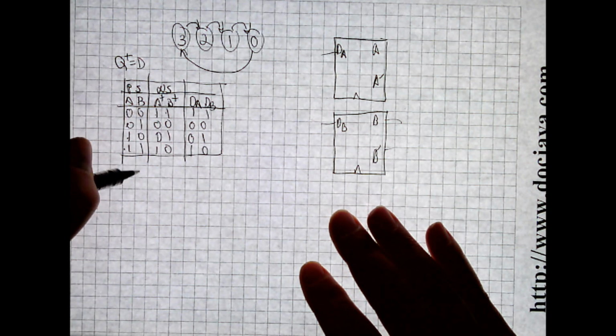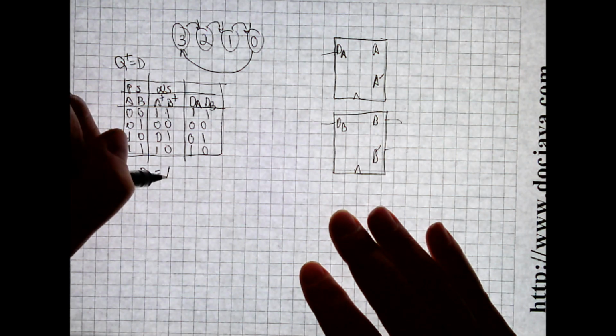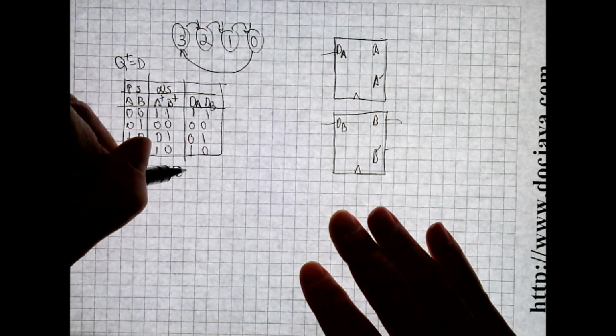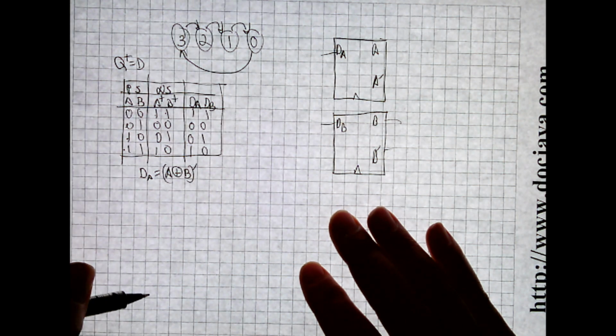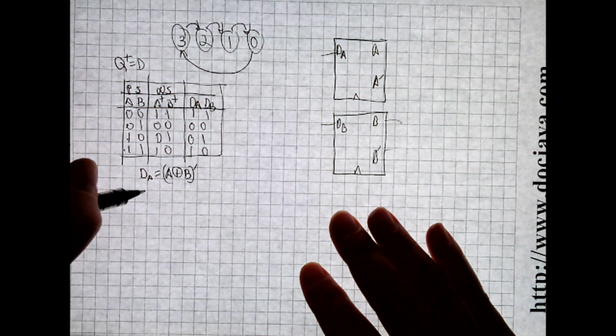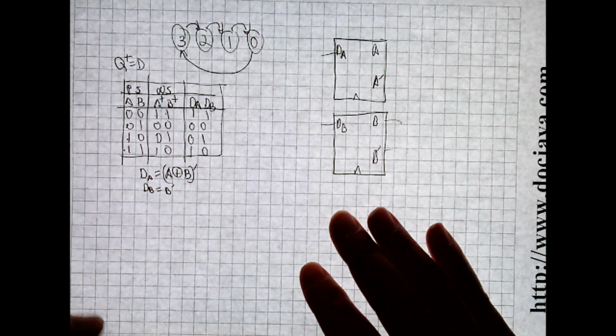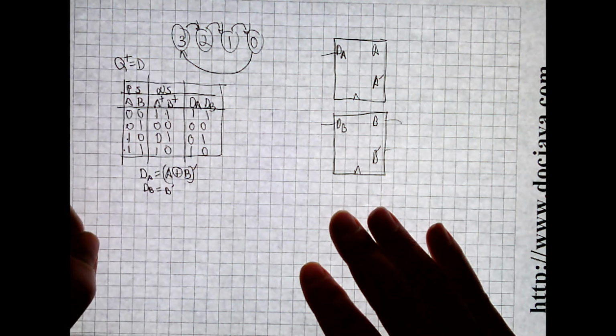So now we can write by inspection D sub A is equal to A exclusive OR B inverted. And D sub B is equal to, well, B prime inverted. Just by inspection, because we're doing a 2-bit truth table and we're seeing the functions.